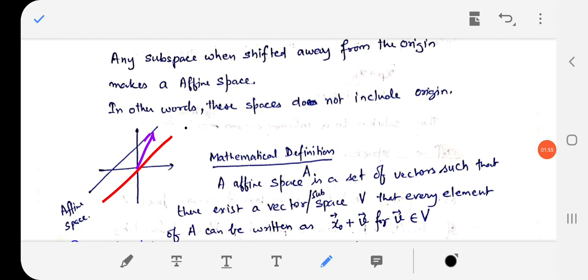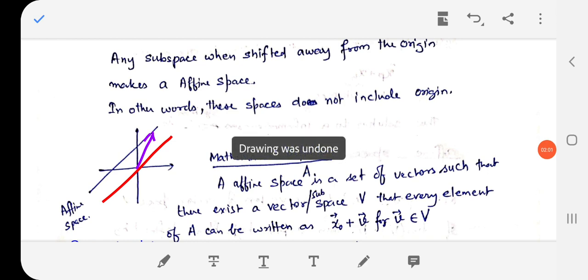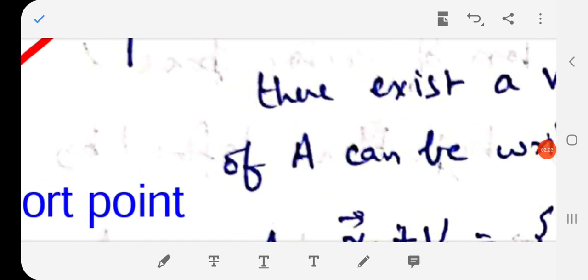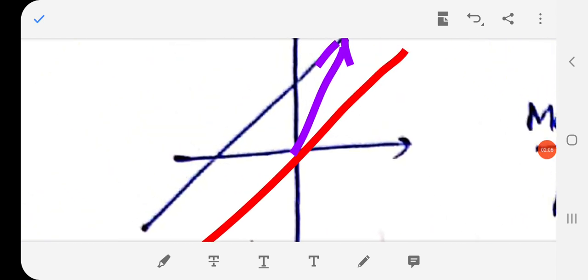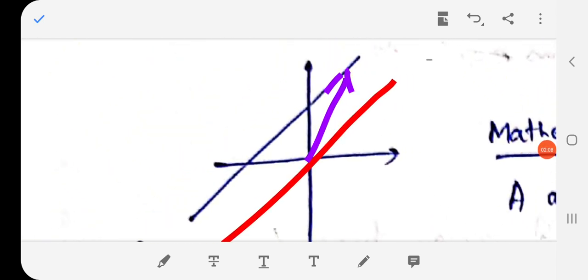So let me just focus on it. See, every point on the red line, when shifted with the help of the purple vector, will get shifted to the blue line, and that is called the affine space.